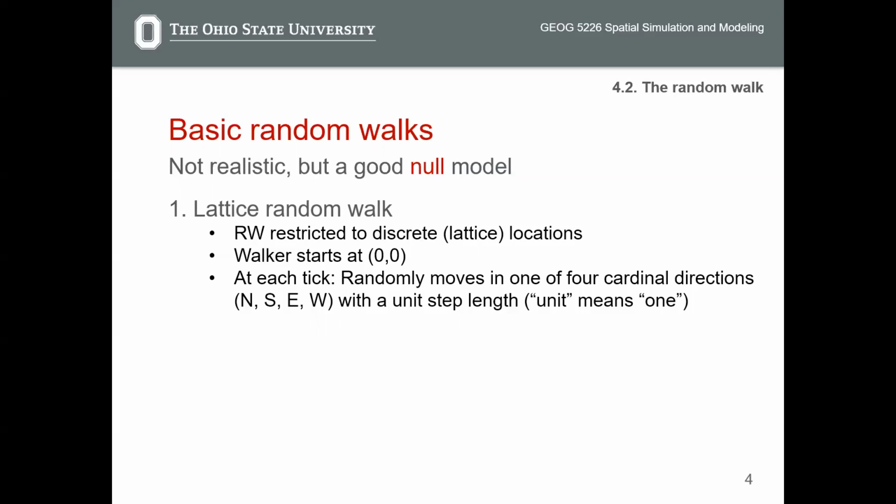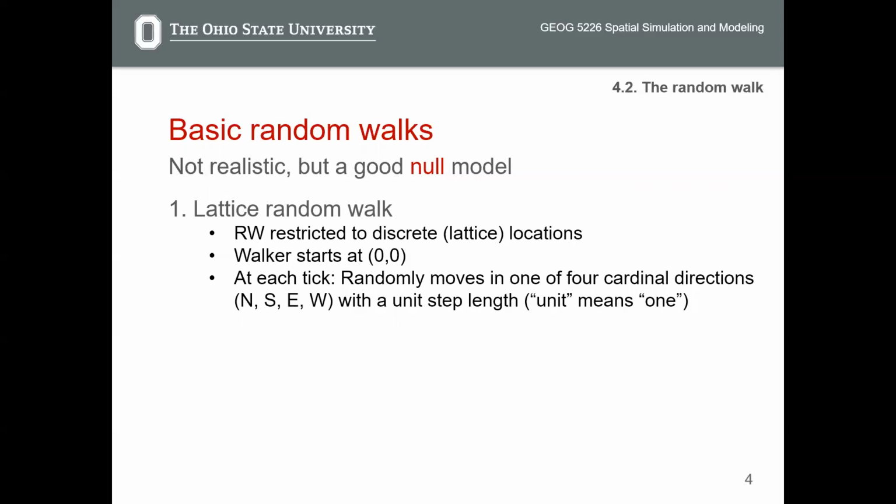And the cells should be neighbors using Von Neumann neighborhood, which means neighbors only in the 4 cardinal directions. So choose a direction, north, south, east, or west, and move 1 unit step along that direction.